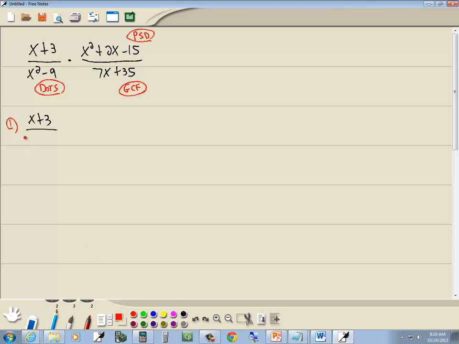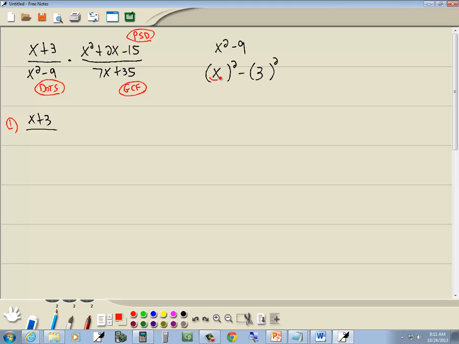Let's start with the x² − 9. We said this was a difference of two squares, so we're going to try to write it as something squared minus something else squared. You take a look at each piece and ask yourself what times itself gives you that. For the x², x times x gives you x². For the 9, 3 times 3.